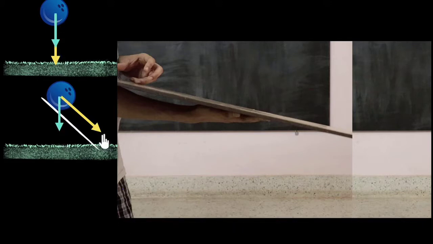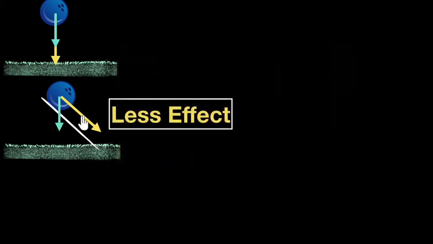Because the acceleration is slower, we could say the effect of gravity felt by this ball must be less, right? Because it's feeling less force and therefore smaller acceleration. So we can conclude that gravity has an effect in this direction, but that effect is smaller compared to the previous one. So at an angle, the effect of gravity reduces. So we could say less effect along this angle.